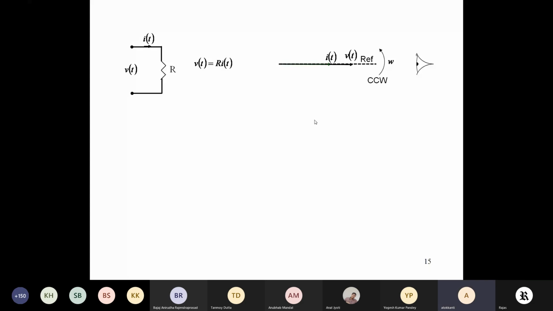Now, if you have a pure inductor, suppose you are given IT equal to Im cos omega t, which is equal to Im angle 0.